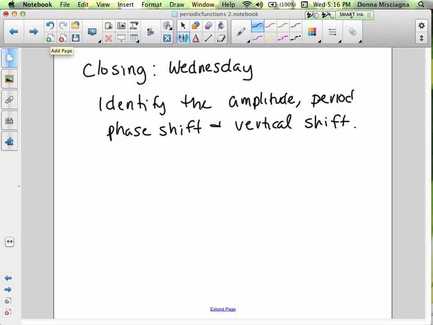So I have y equals 3 cosine of 6x plus 2, minus 4.